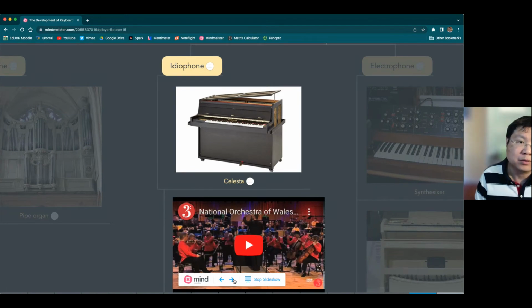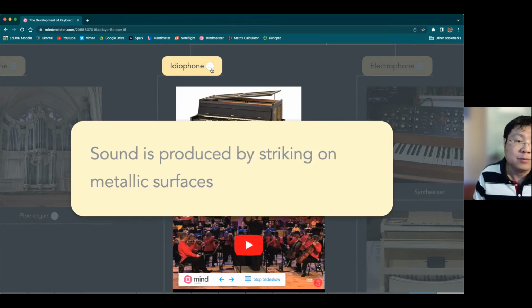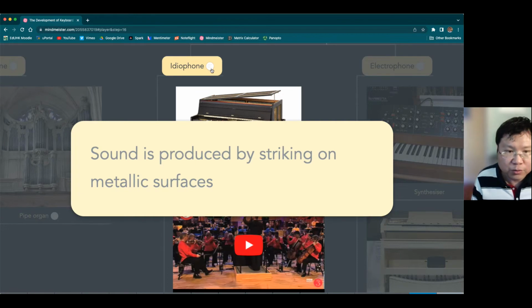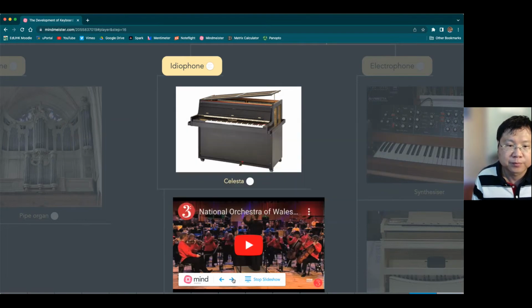Next, let's talk about the idiophone type of keyboard instruments. Idiophone means that the instrument sound is produced by striking on metallic surfaces. One example is the celesta.